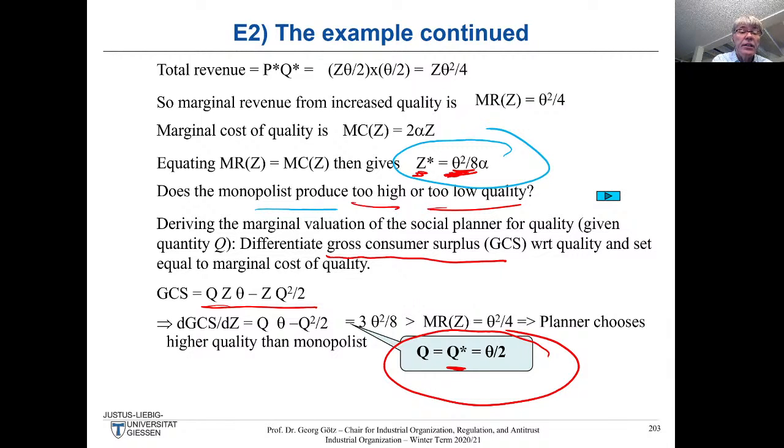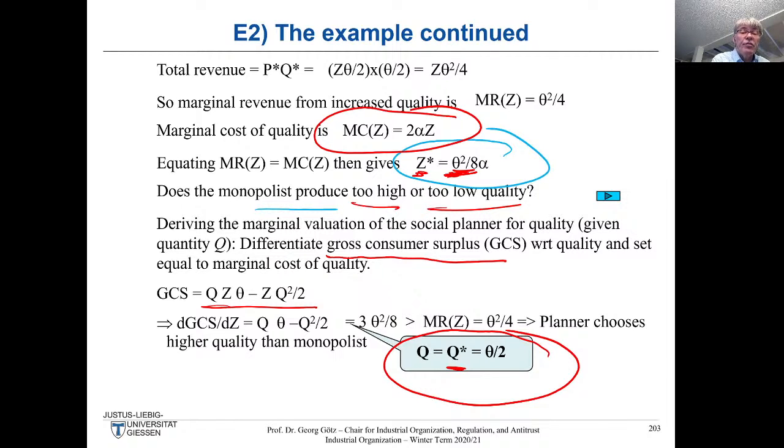3 times theta squared over 8, and this would have to be set equal to the marginal cost of quality in order to derive the optimal quality level of the social planner.